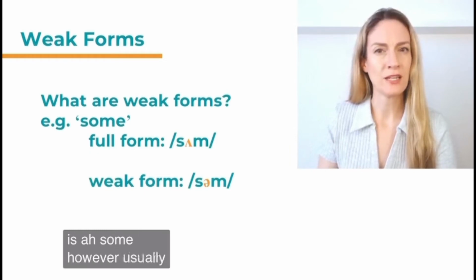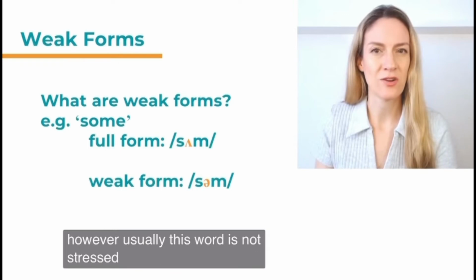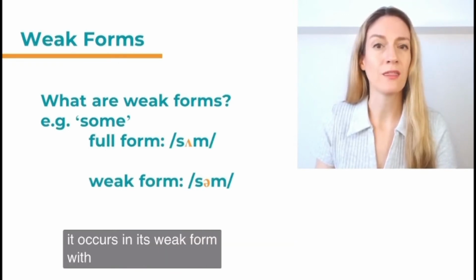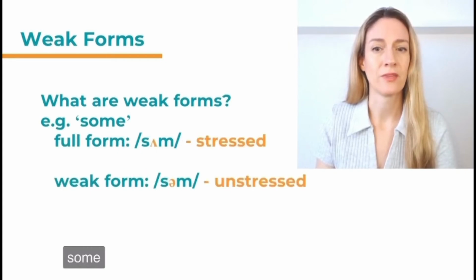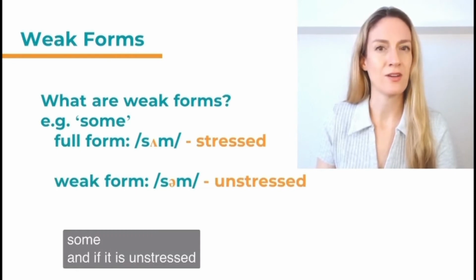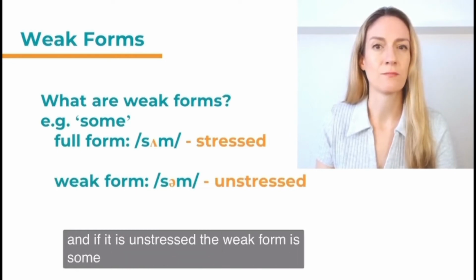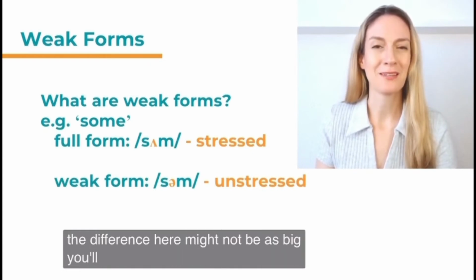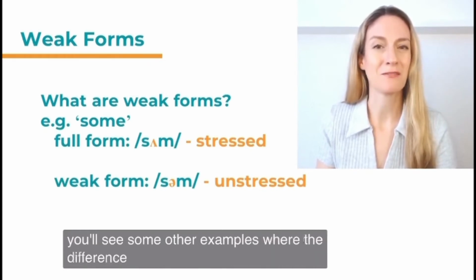However, usually this word is not stressed and it occurs in its weak form with the schwa. Some. So if it's stressed, some. And if it is unstressed, the weak form is some. The difference here might not be as big. You'll see some other examples where the difference is very obvious.